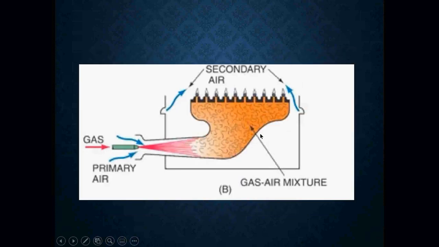Once my ignition occurs, I have my gas and air mixture coming out of my burners all the way through. As I have my ignition, my secondary air, which is what surrounds the flame, helps support that combustion and helps burn off all of my gas so that I can have complete combustion.